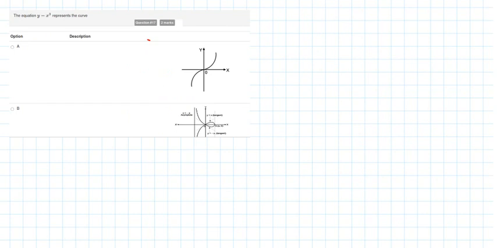Next question, the equation for the curve y equal to x cube. So this is a Cartesian curve, and in a Cartesian curve, firstly we need to check the symmetry of the curve corresponding to the given axis.